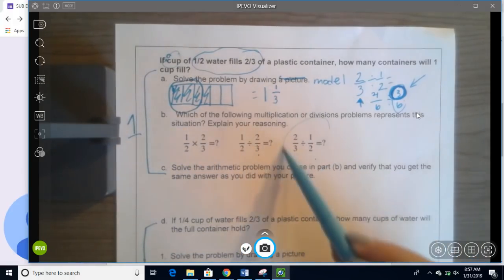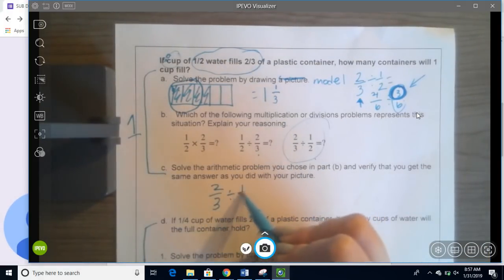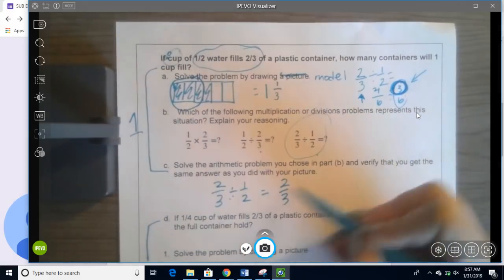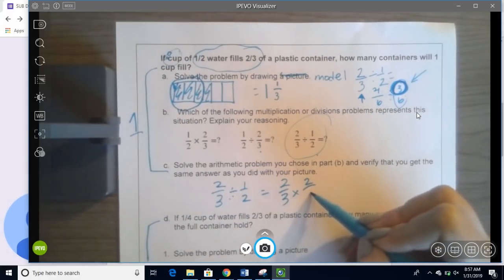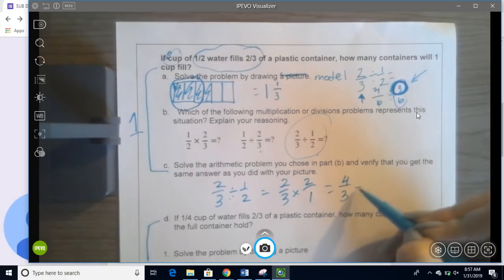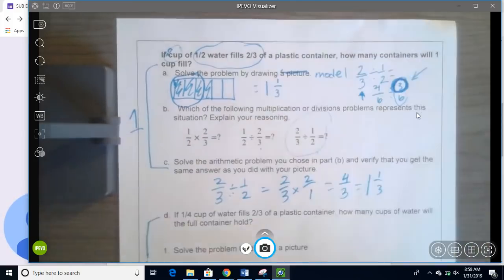That one looks the same. So now we're going to come down here and check. Okay, keep, change, flip. 4/3, which equals 1 whole and then 1/3 left over, and they match.